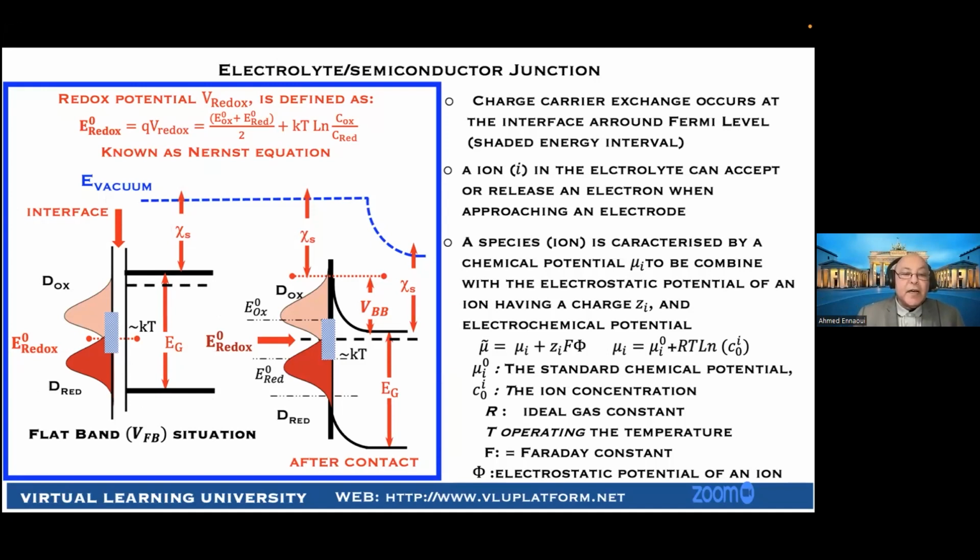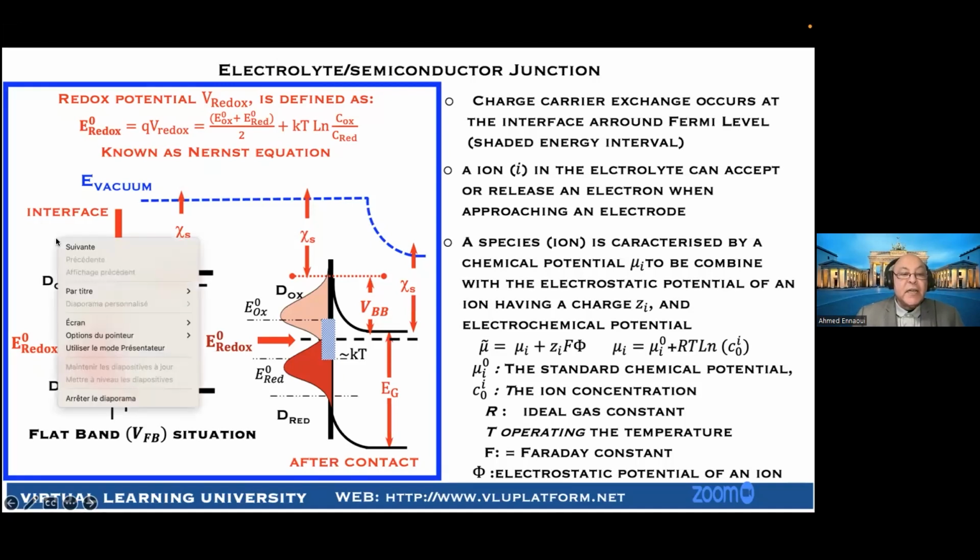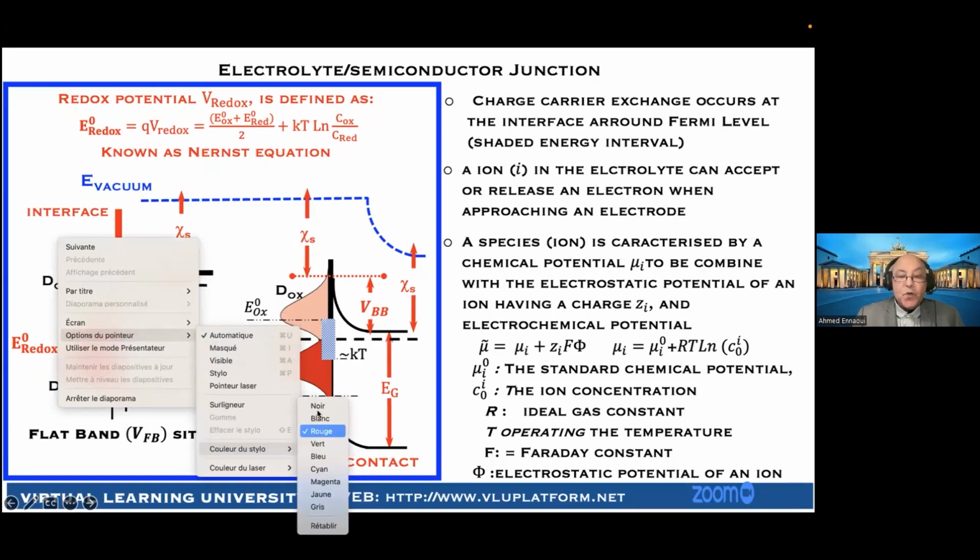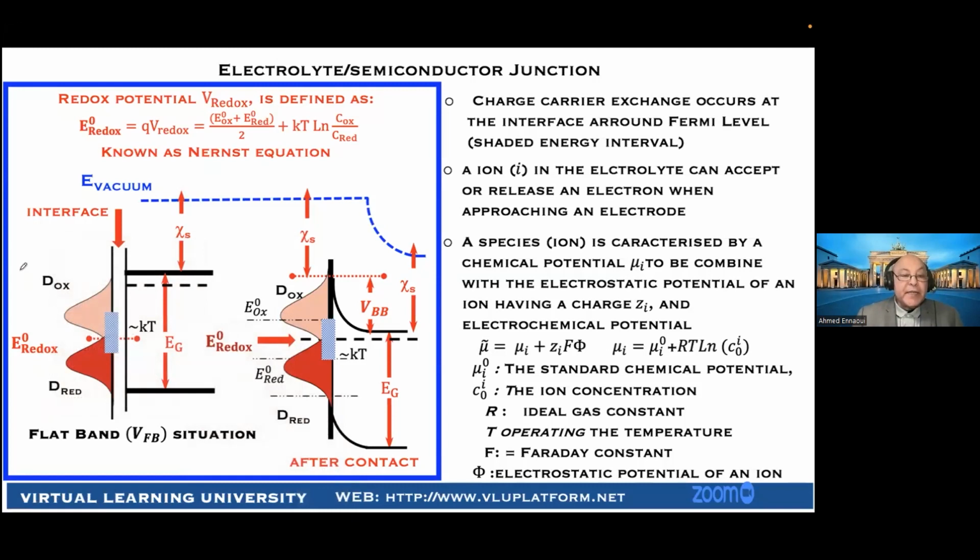The red color means it is full of electrons, and the other one is empty. So the Red and the Ox. And of course, the vertical axis is the energy scale.